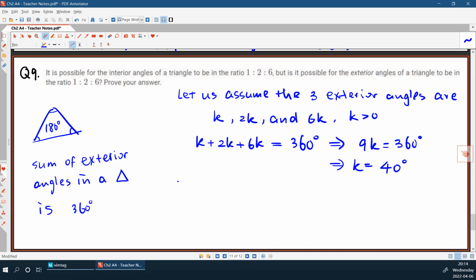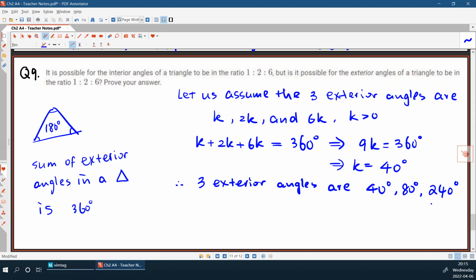Then the 3 exterior angles are 40 degrees, then 2K is 80 degrees, then 6K is 240 degrees, right?